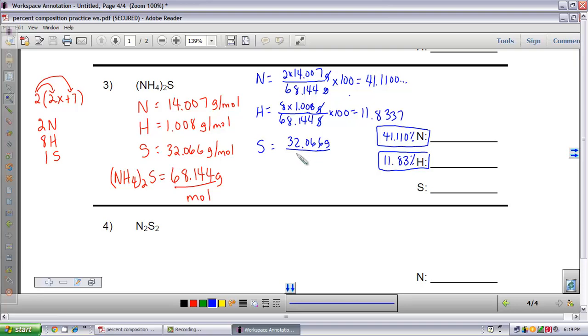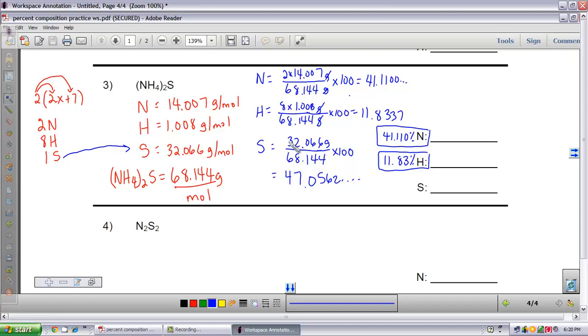And then sulfur, 32.066 grams over 68.144. Now I only need one of these because there's only one sulfur in the compound, so I just need to use this in the top, times 100. Okay, so let's look at sulfur. 32.066 divided by 68.144 times 100, and you get 47.0562 blah blah blah.